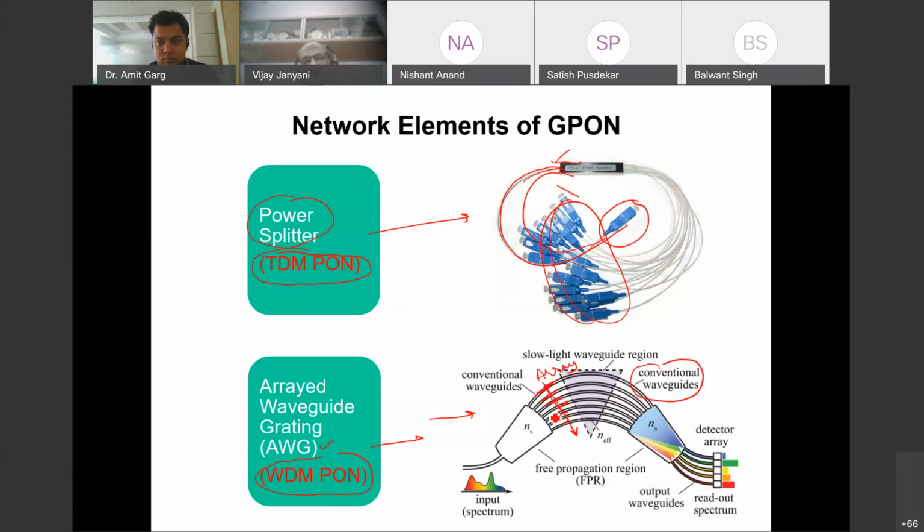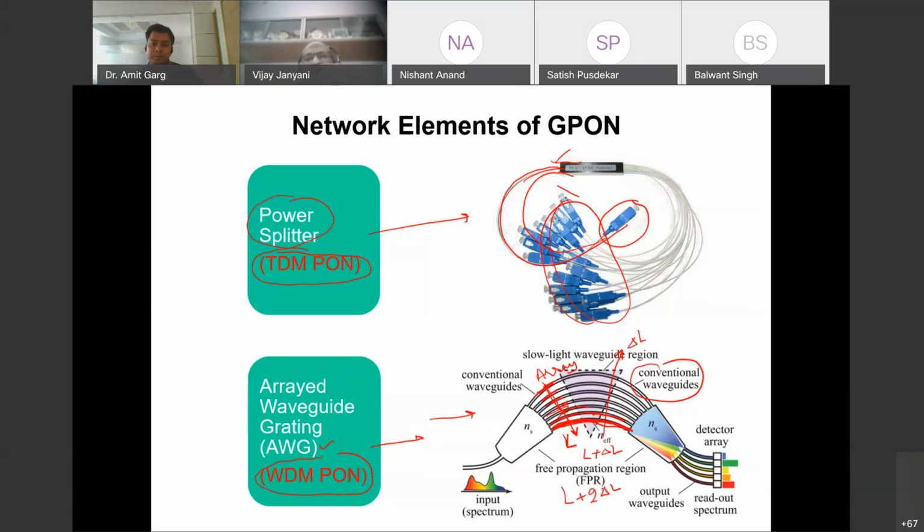The property of this arrayed waveguide is that each waveguide has a slightly different length. If I say the length of this waveguide, or fiber, it can be anything, is L, then the next waveguide would be L plus delta L. The third would be L plus twice delta L, and so on. So there is a delta L difference in the length of each.